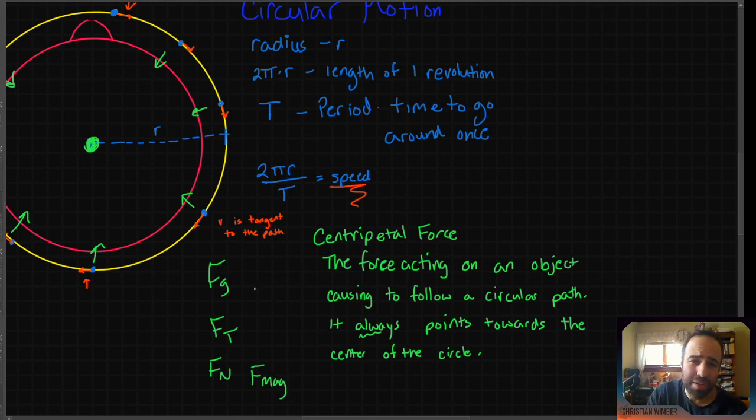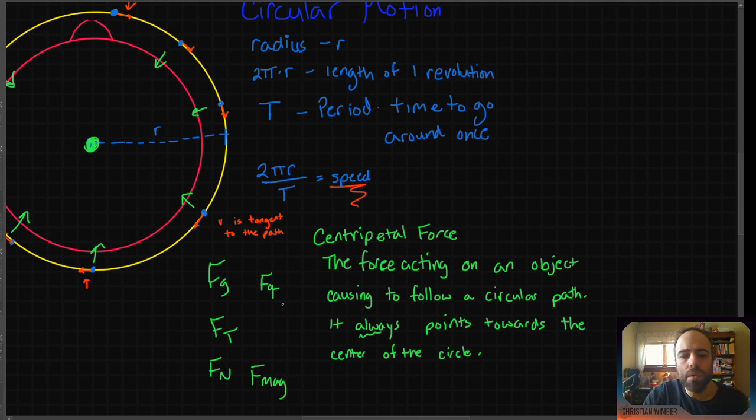The original models of the atom used some sort of Coulombic electronic force to try to hold the electrons to the protons and all that. But centripetal is always just describing how the force points towards the center of the path. It's not a particular type of force.